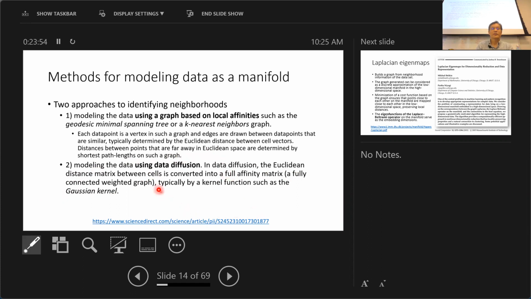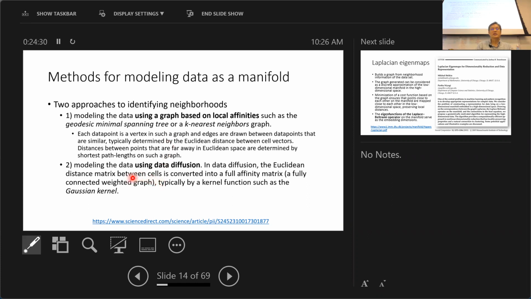We mentioned using graph-based local steps. You have a KNN network, and we also mentioned the geodesic minimum spanning tree, the old method to help you link all these data points and make them nodes in the graph, and then you move from one node to another to approximate the geodesic distance between data points.